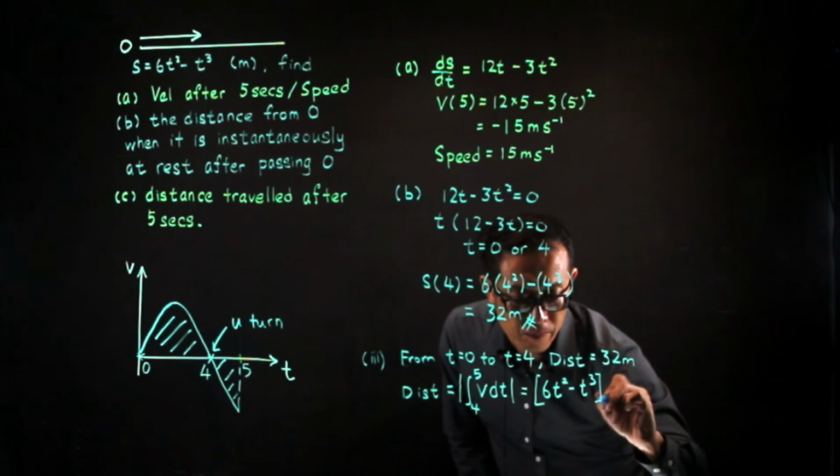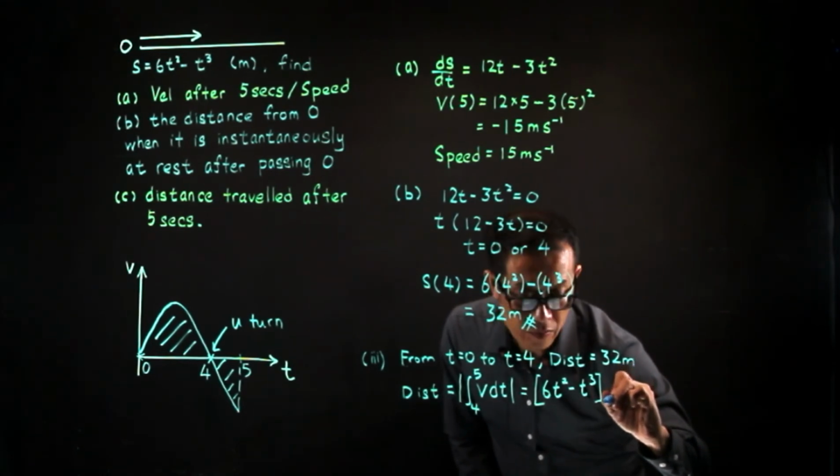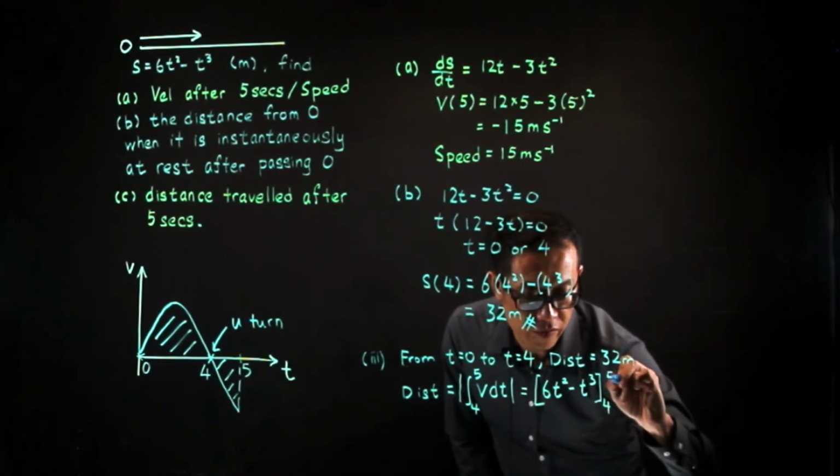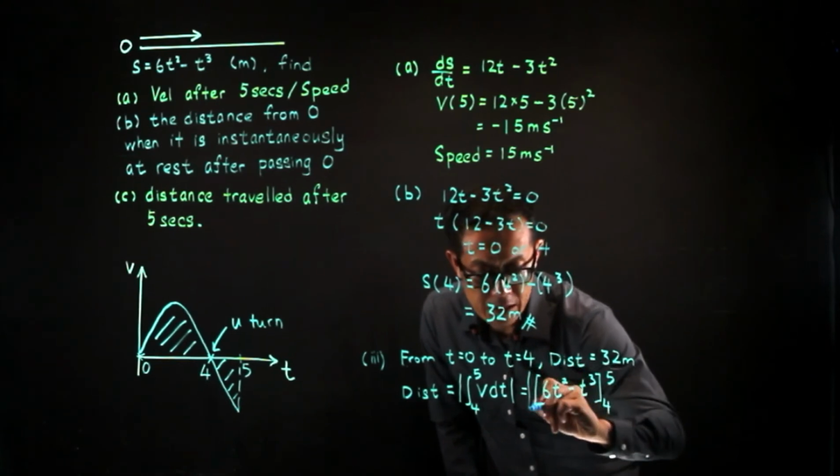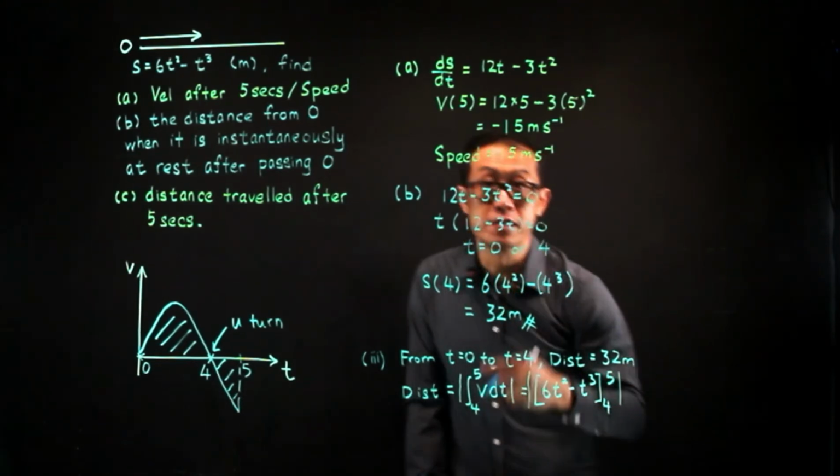So if we integrate your v, you get this S expression. So it will be 6t squared minus t cubed from 4 to 5, but you must take the modulus of it.